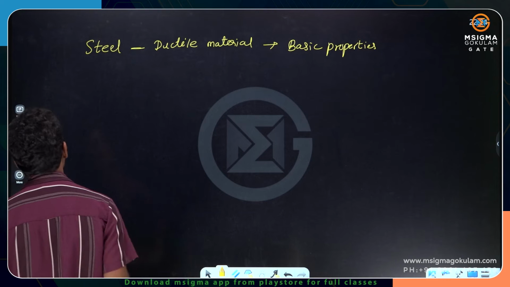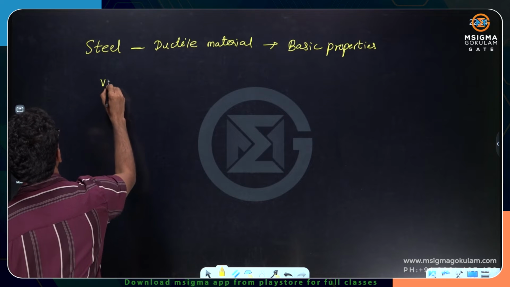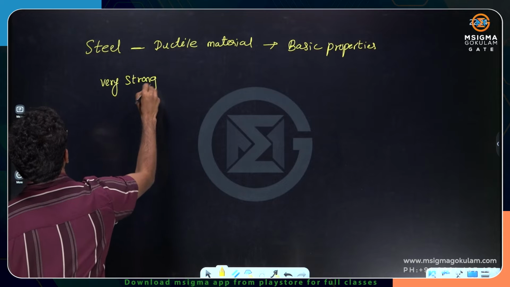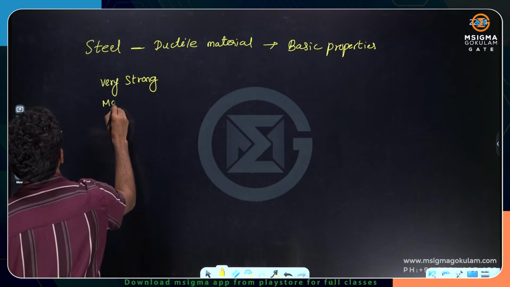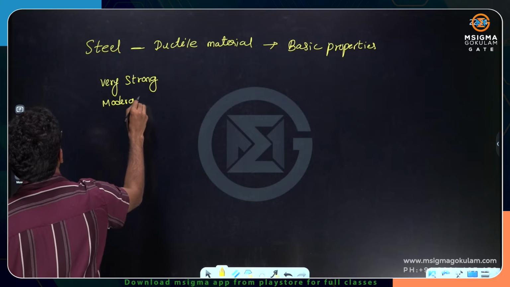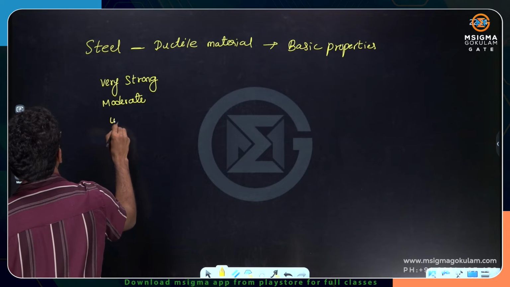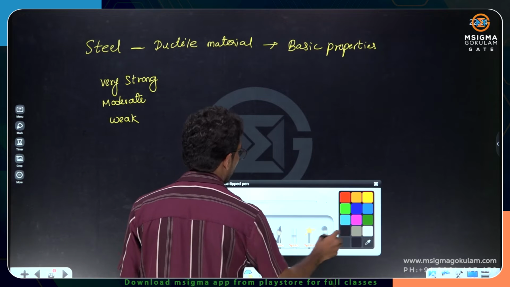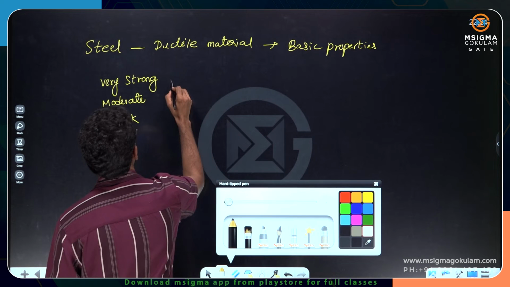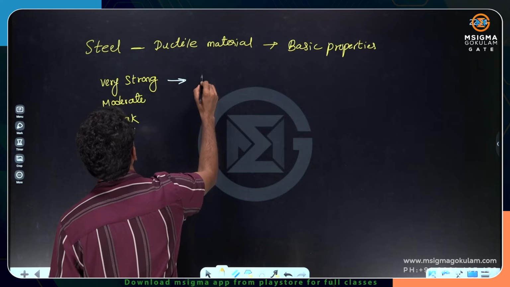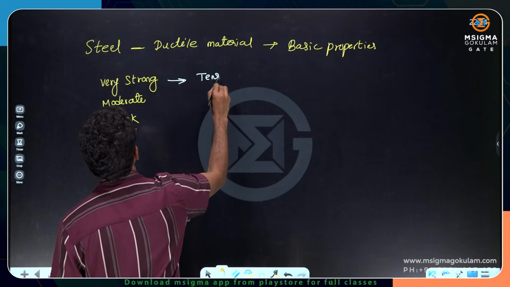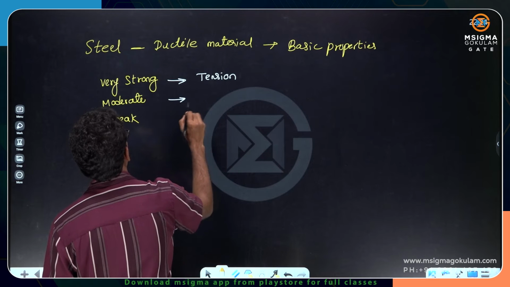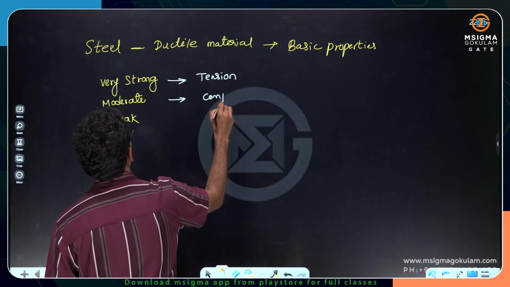What are the basic properties of steel? When I talk about steel, steel is very strong in one particular area, moderate in another, and very weak in some particular areas. So essentially we have to understand where it is strong. Very strong in case of tension. Steel is very strong in tension and moderate in compression.